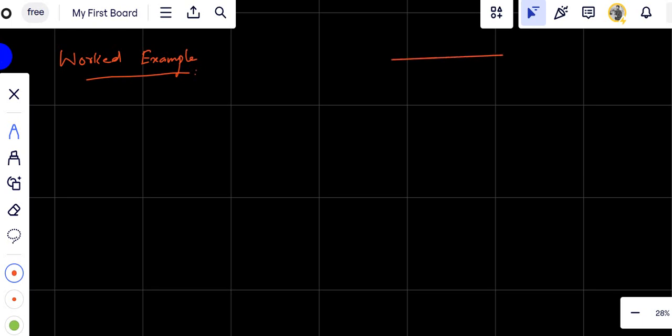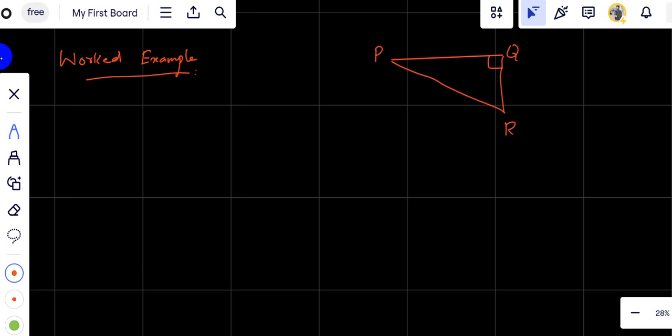I'm going to join these two points. Let's say I'm assuming this side is P, this side is Q, this side is R. This vertex is R. So at Q we have 90 degrees. So it is clearly a right triangle.